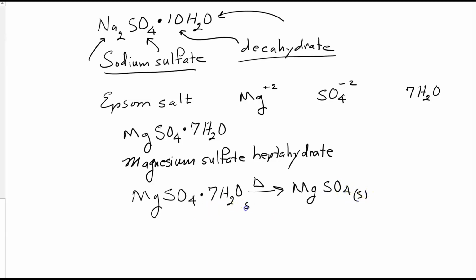These are solids, by the way. And the 7 water molecules would end up being removed as gas. And of course, eventually that would become a liquid. So we would have a partial decomposition here.